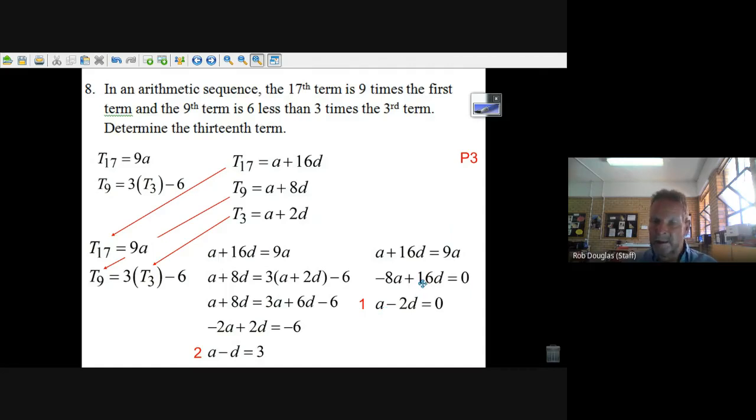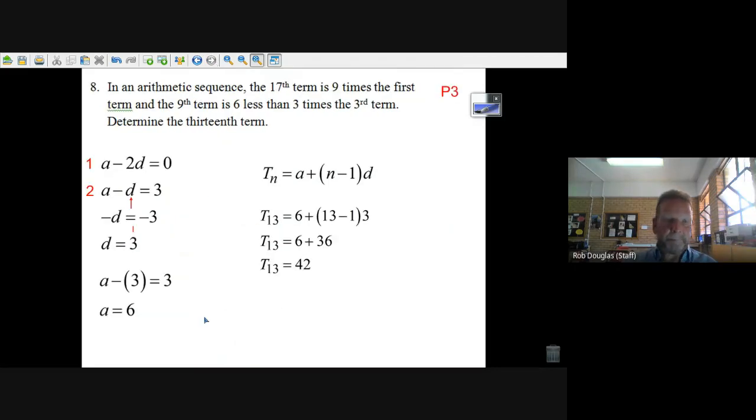Negative 16 divided by negative 8 is negative 2. 0 divided by negative 8 is just 0. Now we have two equations. A minus 2d equals 0. I'll call this the first equation. And a minus d equals 3 is the second equation. Now our big challenge is to solve that system of equations. So you have to know how to do that. Let's take a look at it.